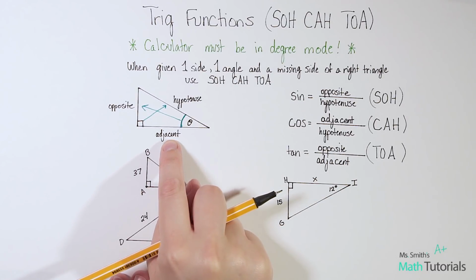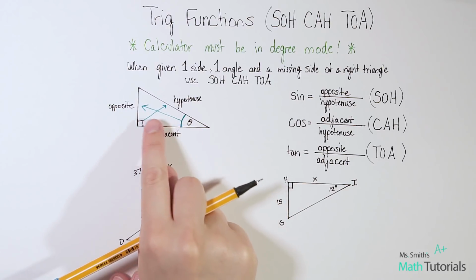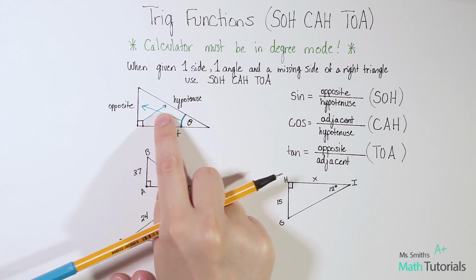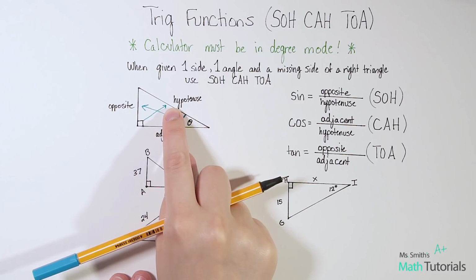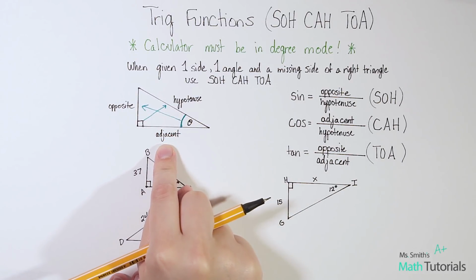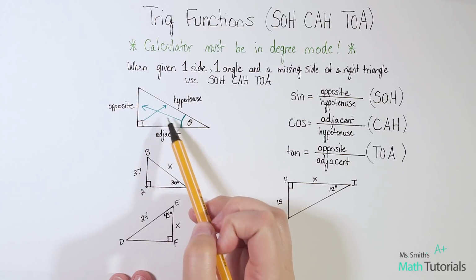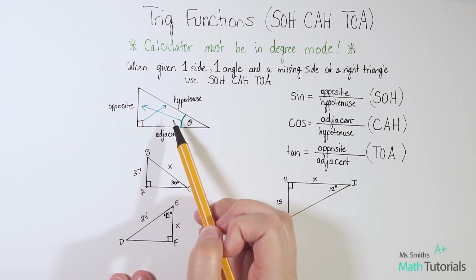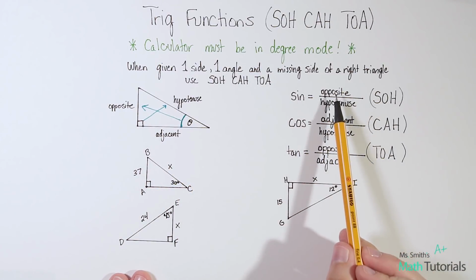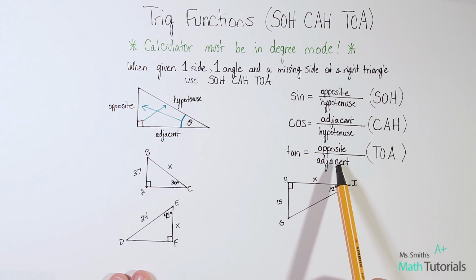So while you're still learning this, the best thing to do is label the opposite, label the hypotenuse, and whatever's left, that's your adjacent. For every problem, your placement may look different, but depending on what they've given us and what we're looking for, that will determine which of these we use.